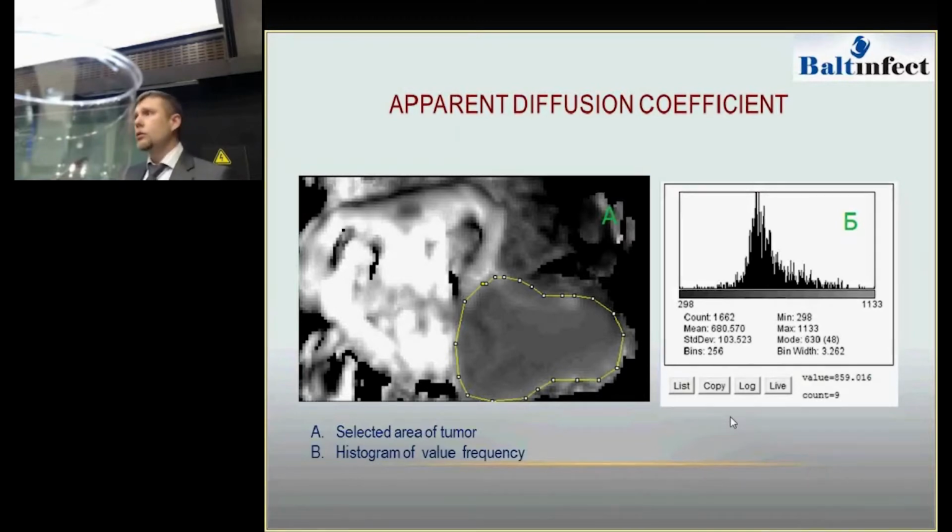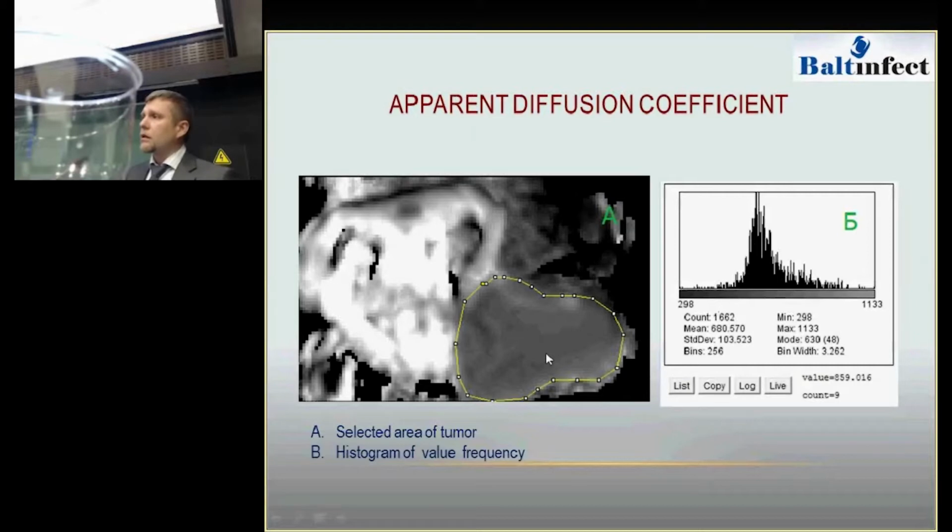So they could produce inflammation, cell infiltration, and some other changes. So we could detect these changes using the diffusion coefficient.